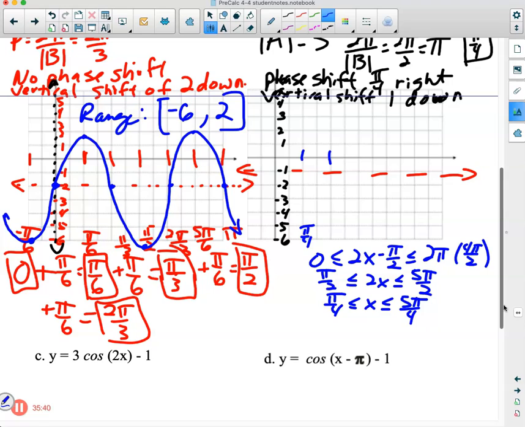So 1 pi over 4, 2 pi over 4 is pi over 2. 3 pi over 4. 4 pi over 4 is 1 pi. 5 pi over 4. 6 pi over 4 would be 3 pi over 2. And 1 backwards, negative pi over 4.